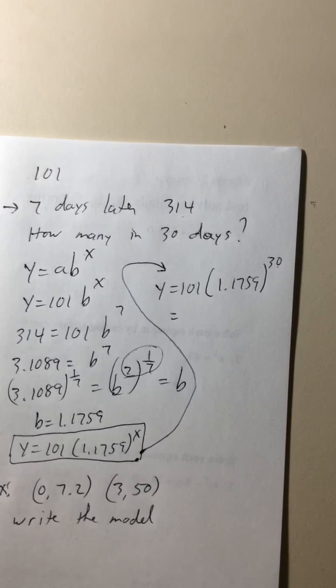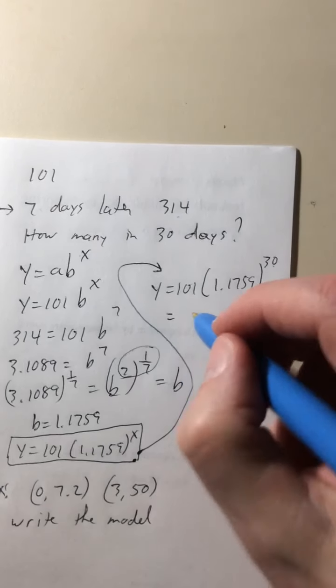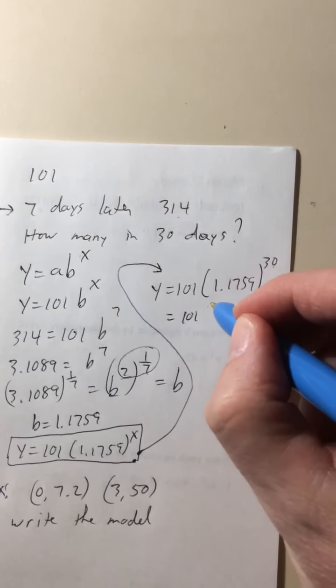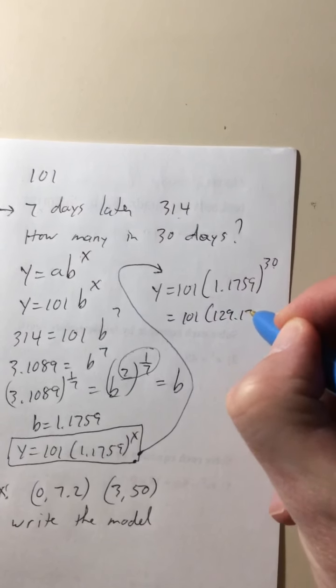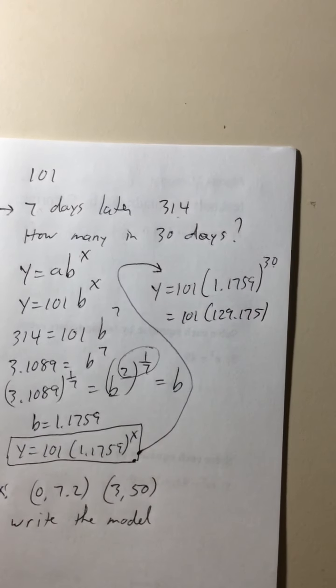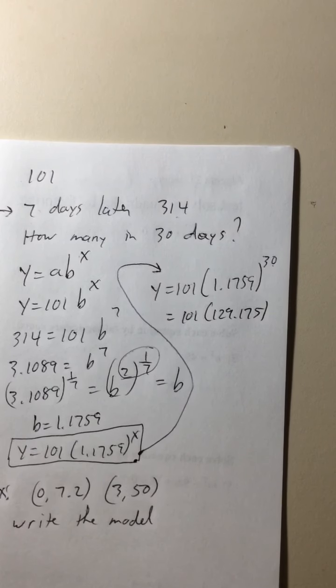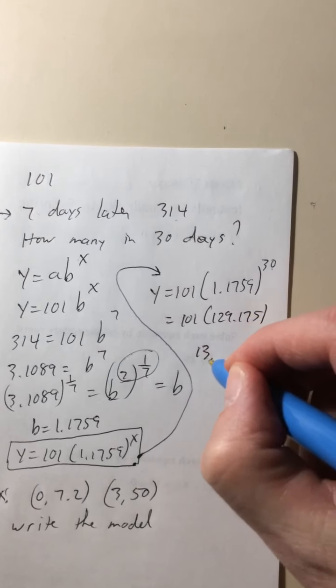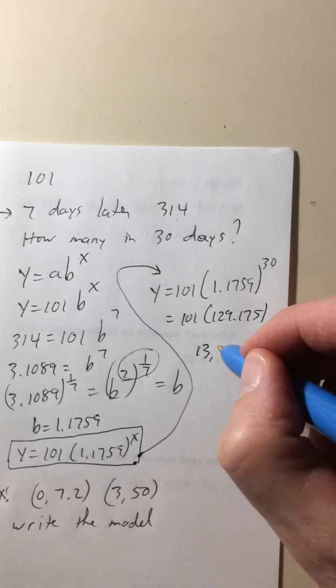So 1.1759 to the 30th power is 129.175. 101 times 129.175, right? And then I multiply that by 101, and we get 13,046. Actually, round it up, 13,047.